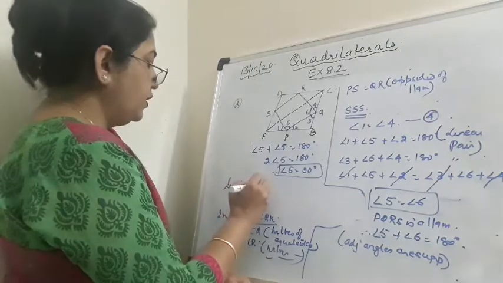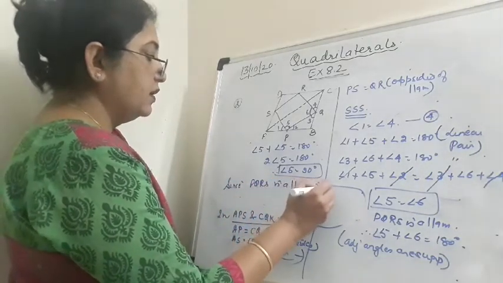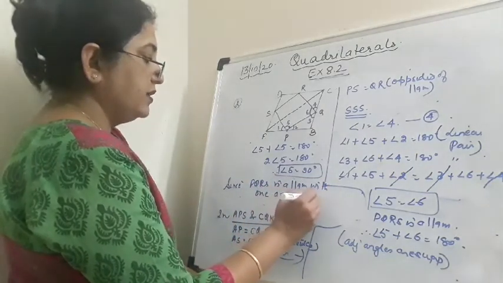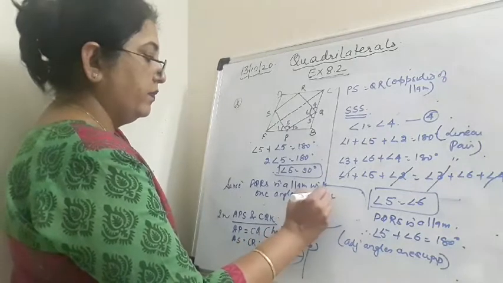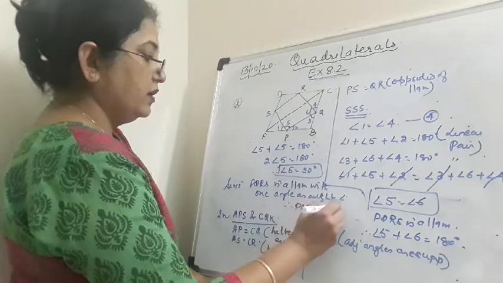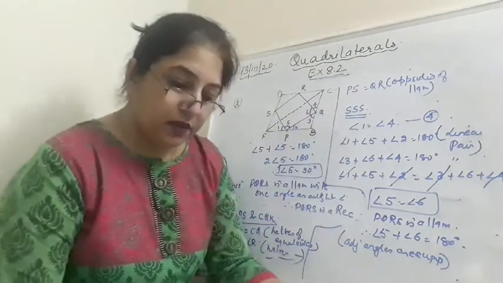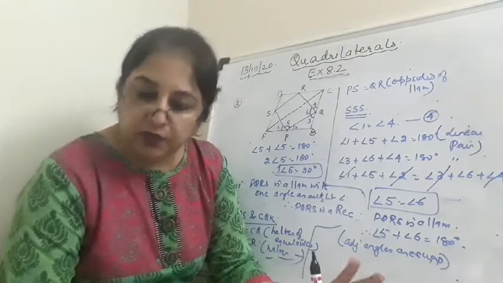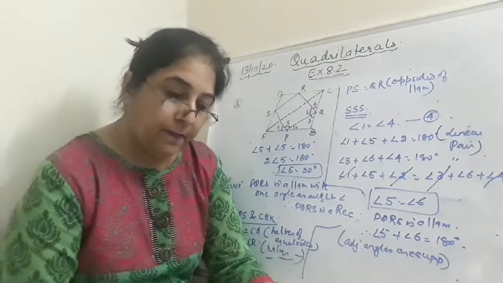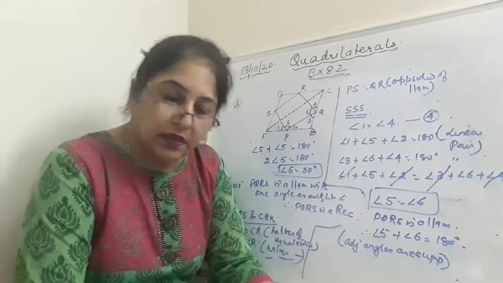Since PQRS is a parallelogram with one angle as a right angle, therefore PQRS is a what? A rectangle. So this completes your question number 2. So 1 and 2 we have completed, and total children there are 7 questions.